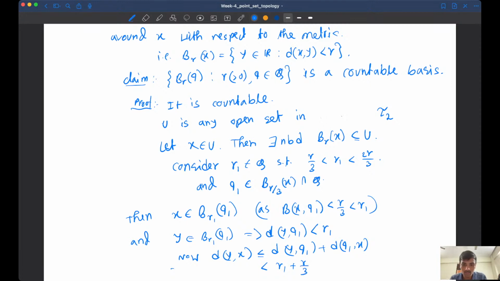So r1 is less than 2r/3, so this is less than 2r/3 plus r/3, so this is r. So this implies y belongs to B(x, r).